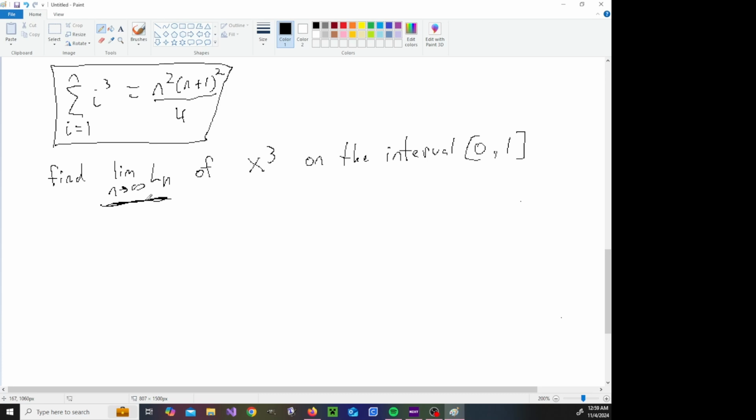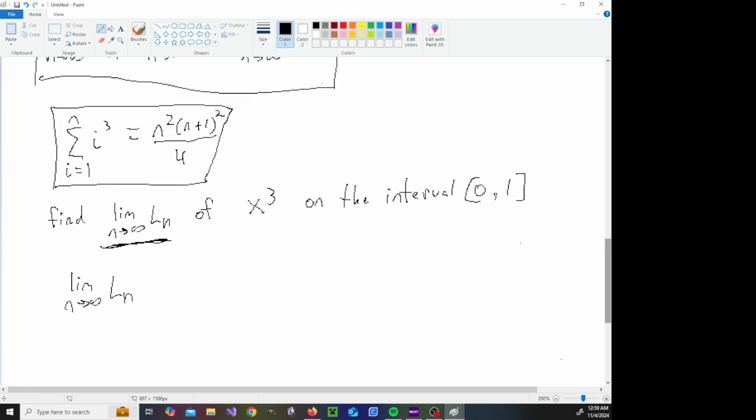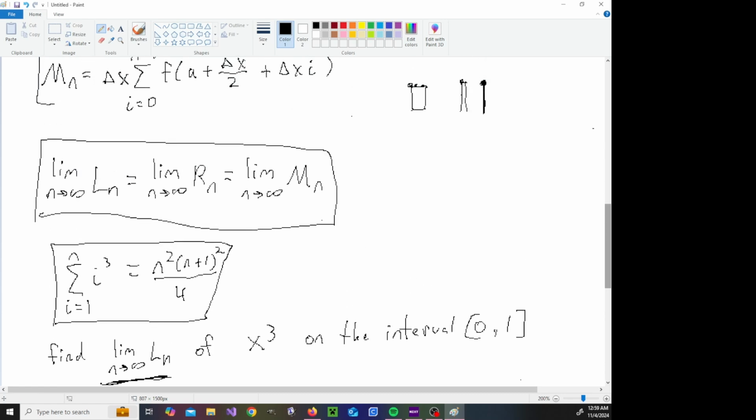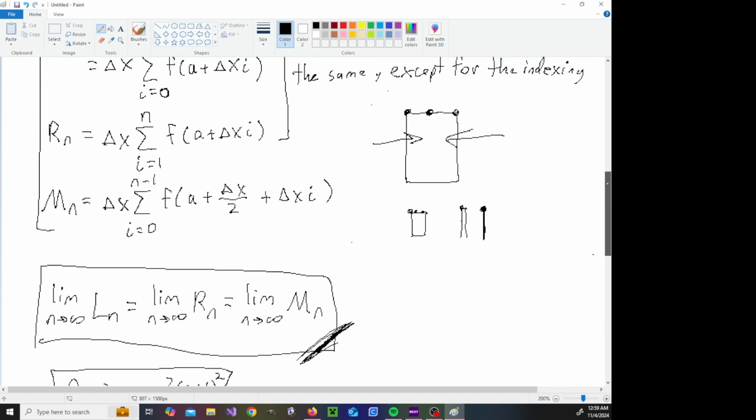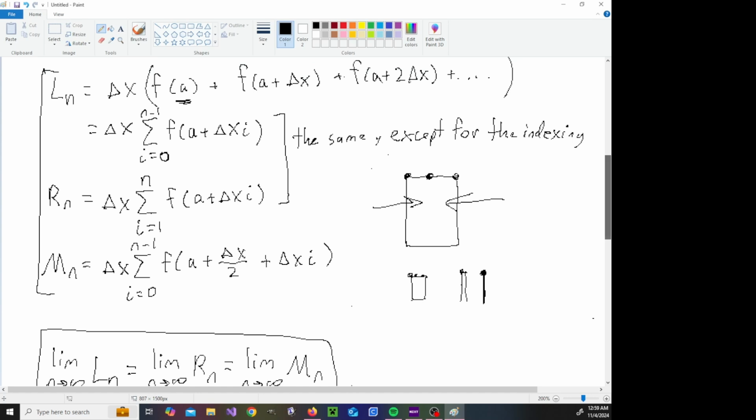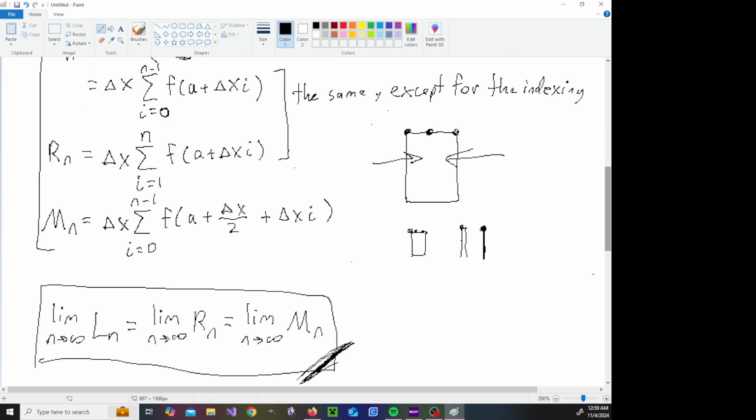Now, there is a little bit of a subtle idea here that we actually want to use. This says find the limit as n goes to infinity of our left rectangles. However, I don't really need to use my left rectangles. I can use any method of rectangles. So would it help me to use a different method for this case? Well, our Ln rectangles, our index starts at 0 and goes to n minus 1, but my right rectangles, my index starts at 1 and goes up to n.